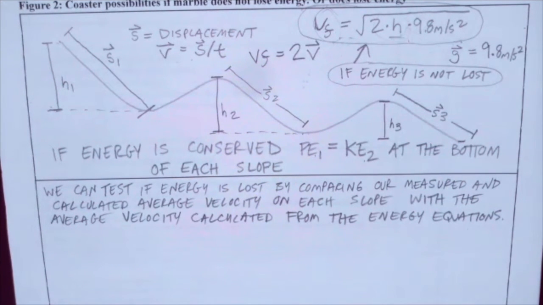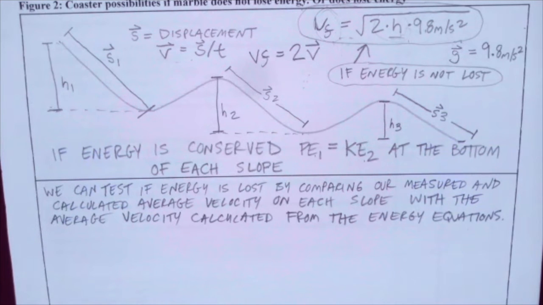So one of the things you have to do when you build a roller coaster is build a coaster so that a marble makes it down 3 slopes, up 2 slopes, all the way from the beginning to the end without stopping. Check, done, okay? If you can do it this way, you can demonstrate that energy is conserved.